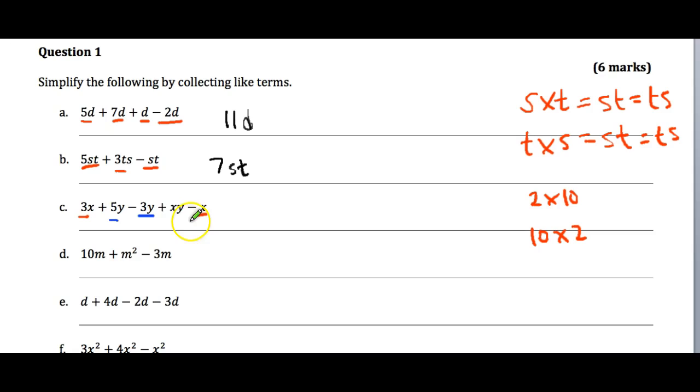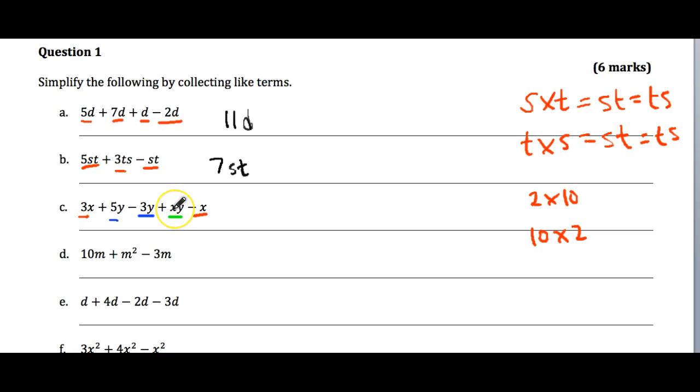So in this one, we actually have 3 different types of terms, all 3 different pronumeral parts: the x, the y, and an xy. The xy is not the same as x on its own and y on its own. So you need to remember that.